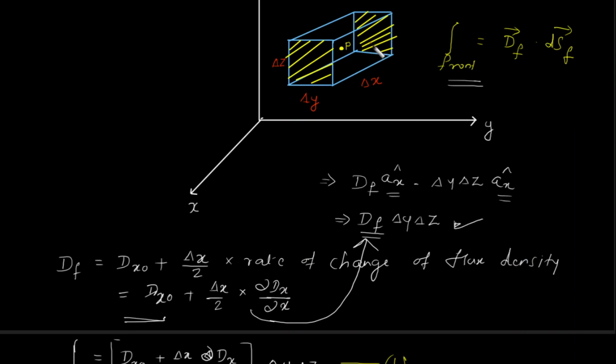The second thing is, from point P towards the front surface I have taken the distance as delta x by 2. Now I am measuring the distance exactly opposite to that. Initially I measured the distance from point P towards the front surface in x direction, so I have taken it as delta x by 2. Now I am measuring the same distance but in the opposite direction, so I take that distance as negative of delta x by 2.